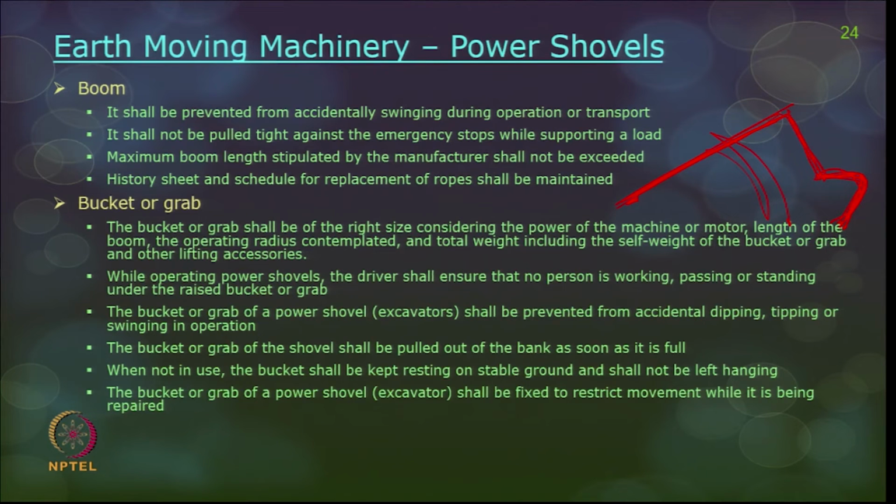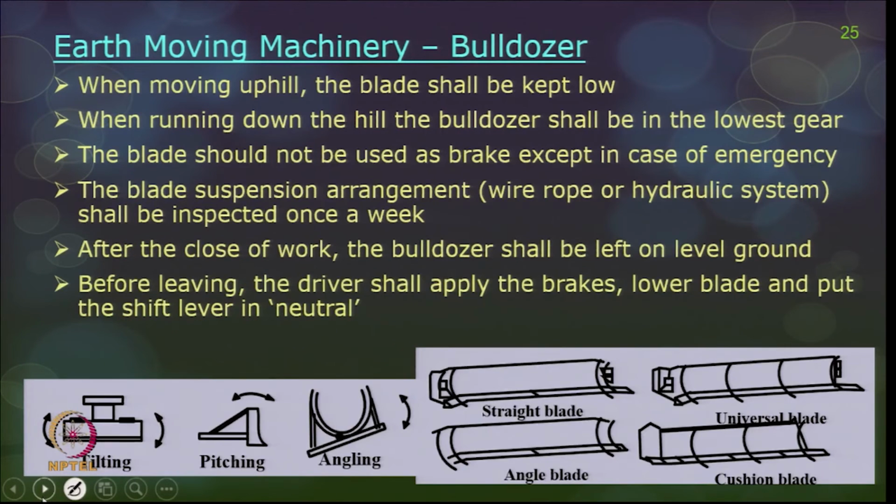The bucket or grab shall be prevented from accidental dipping, tipping or swinging, and shall be pulled out of the bank as soon as it is full. When not in use, the equipment should be on level stable ground and should not be left hanging, and the bucket or the grab shall be fixed to restrict movement even when in repairing position.